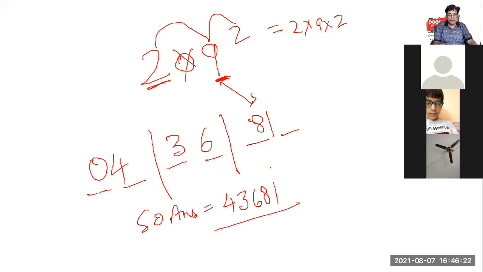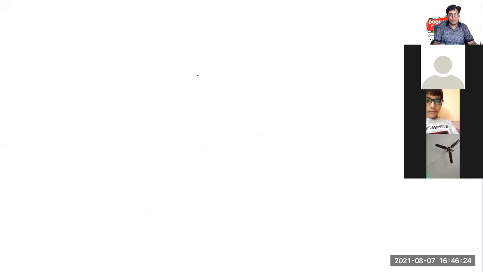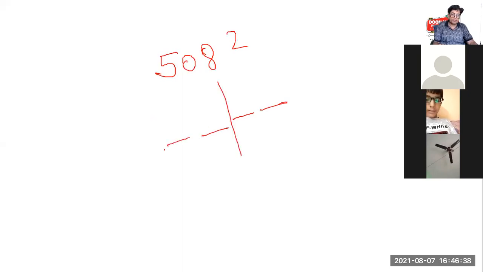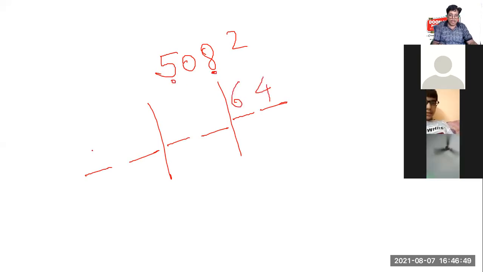Okay. Now, see, 508 square is to be calculated. 2 digit, 2 digit, 2 digit. First of all, 8 square I will write here. 5 square I will write here.